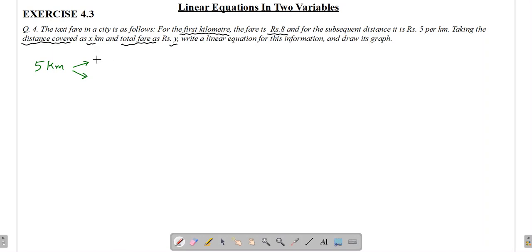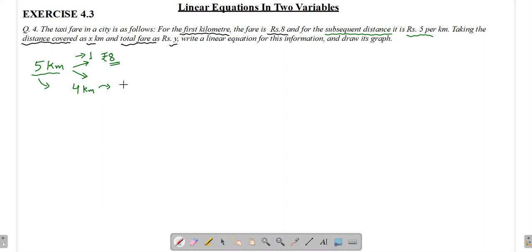For the first kilometer you have to pay rupees 8, and then for the subsequent distance, that means the distance which you have traveled after that 1 kilometer, you have to pay rupees 5 per kilometer. So the 1 kilometer charge is already rupees 8. Now we are left with 4 more kilometers, and for each kilometer we have to pay rupees 5.